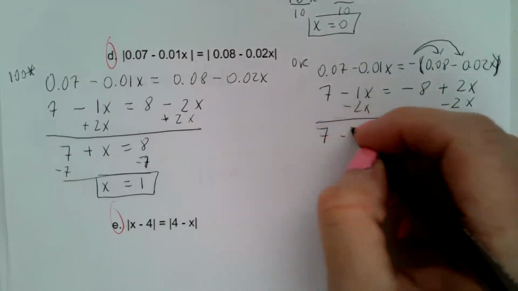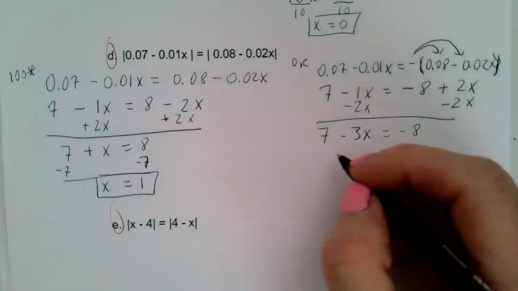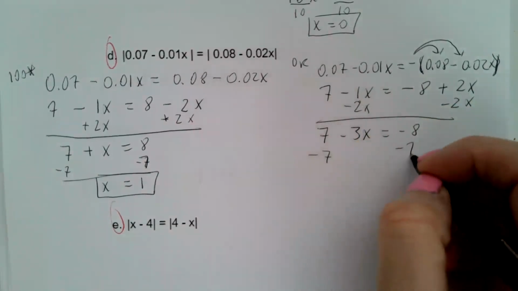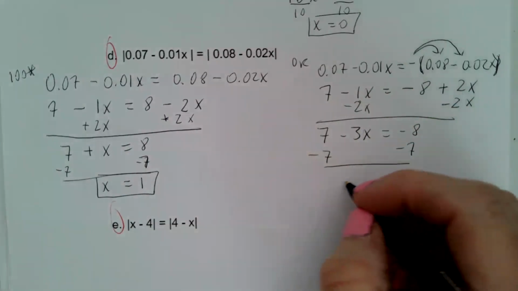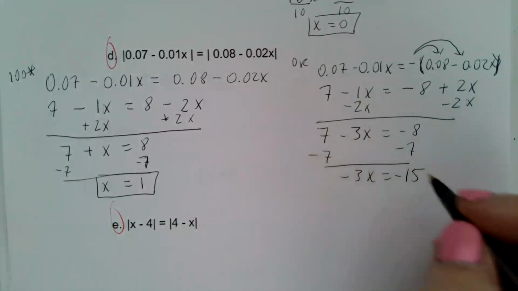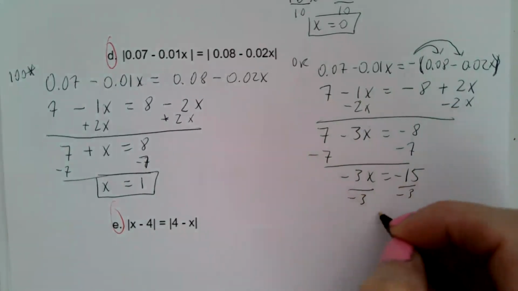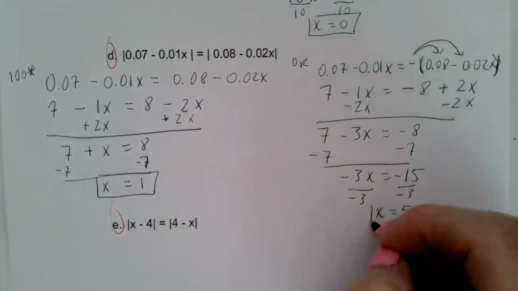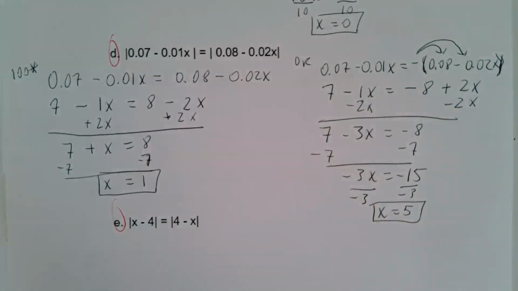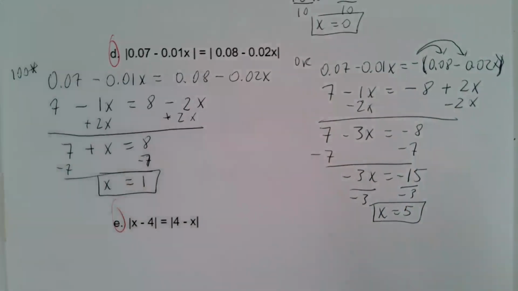So we have 7 minus 3x equals a negative 8. And subtracting 7, we get a negative 3x equals a negative 15. Dividing by a negative 3, we land on x equals a positive 5. So those are my two solutions, x equals 1 and x equals 5.